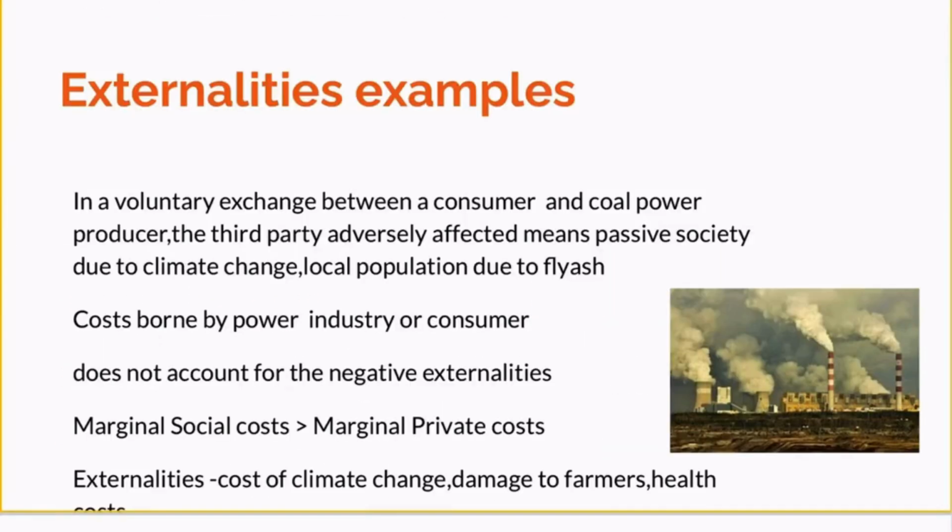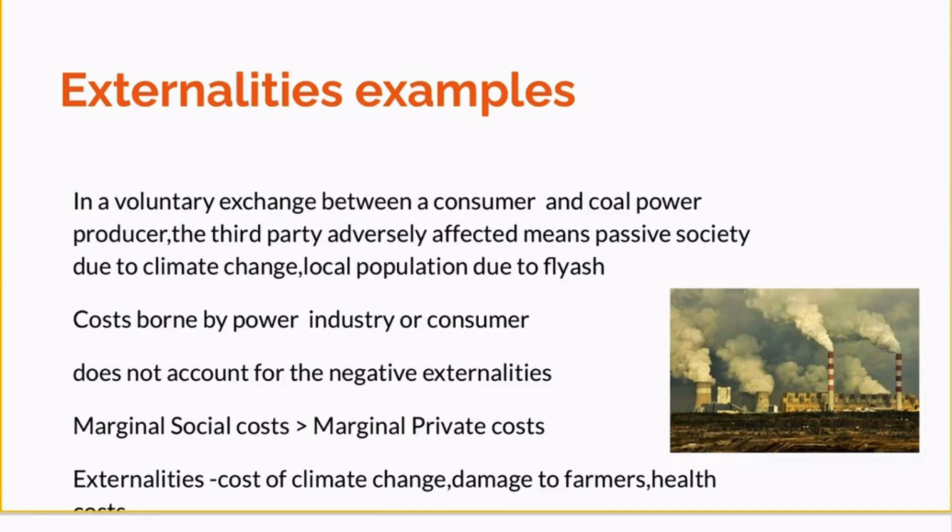And finally, let us look at a few more examples of externalities, especially the negative externalities. What you see over here is a power plant, and this is a coal based power plant. In a coal based power plant, there are two stakeholders. One is the coal industry, which produces electricity, and the other are the consumers who consume that electricity.